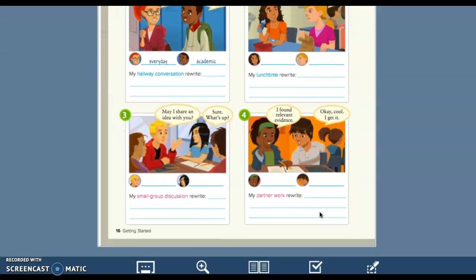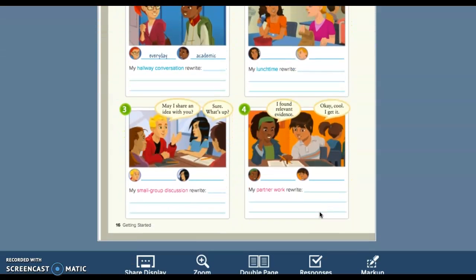So in every situation we use kind of different language. The way you guys would talk to Mr. Mata about an issue at school is probably different than the way you would explain it to your friend while you're riding on the bus home, right? So sometimes our academic and our casual language needs to change.